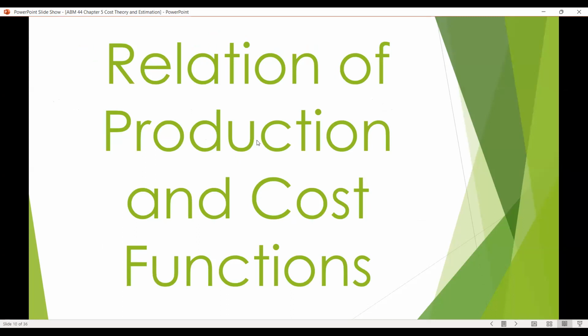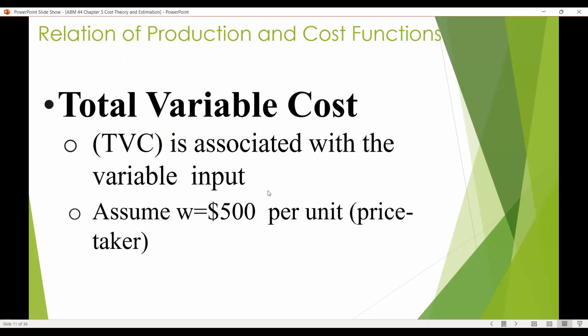So again, how do production and cost functions really relate? We have different types of cost here. You are probably familiar with variable cost. We have total variable cost, sometimes called TVC. It is associated with a variable input.